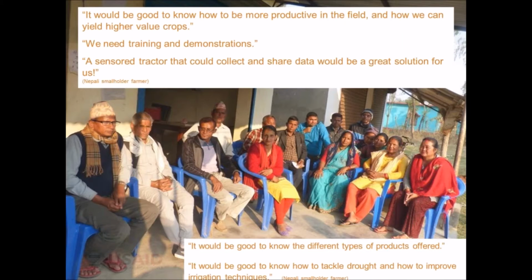That means information that explains how to yield higher value crops, training and demonstrations for new farming techniques, information on how to become more productive and what types of products are offered in the agriculture markets, and therefore what is missing and what is needed, and how to tackle drought and improve irrigation techniques.